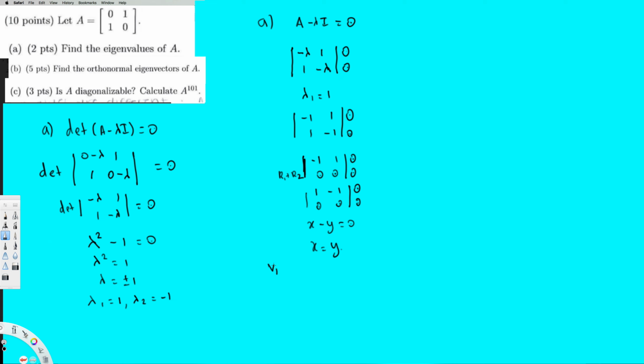So v1 is equal to y comma y. I can take the y common. It's going to be 1 comma 1. You can write this as the span of 1 1, or sorry, you can write this as the basis of 1 1.